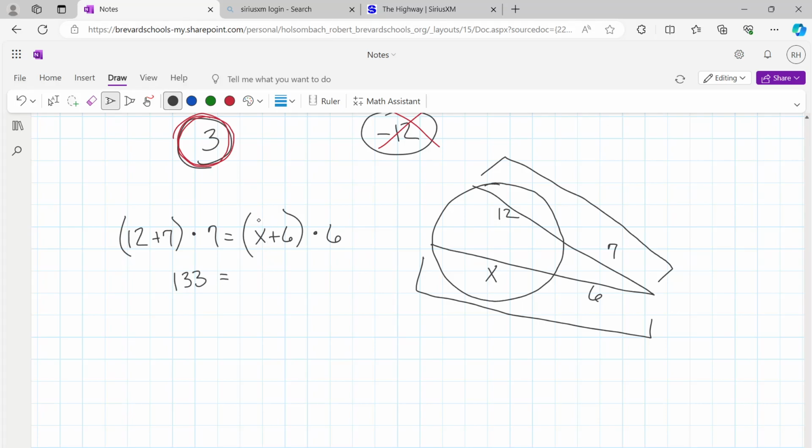equal to, distributive property again, x times 6 is 6x plus 6 times 6, which is 36. Subtract 36 from each side. So we get 97 that's equal to 6x.